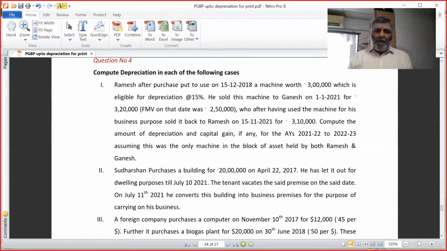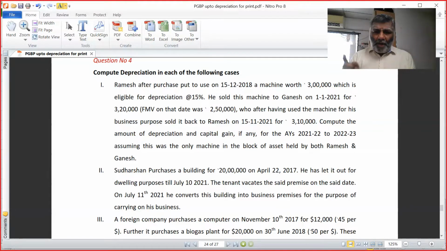Ramesh, after purchase and put to use on 15/12/2018 a machine worth 3 lakhs, which is eligible for depreciation at 15%, sold this machine to Ganesh on 1/1/2021 for 3,20,000. Fair market value on that date was 2,50,000.